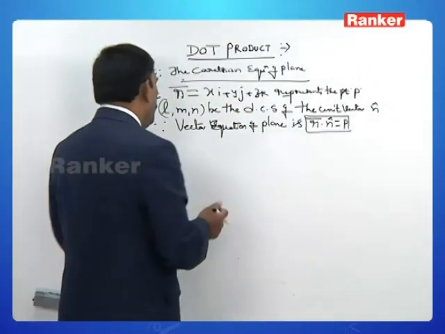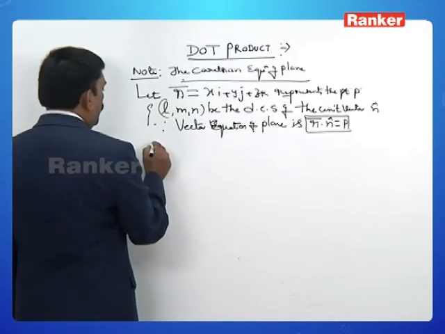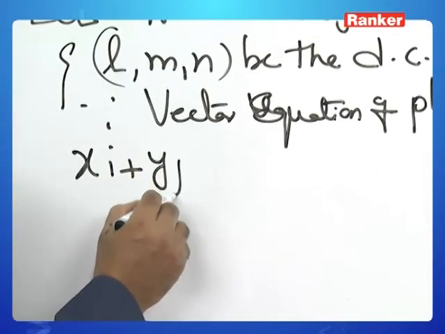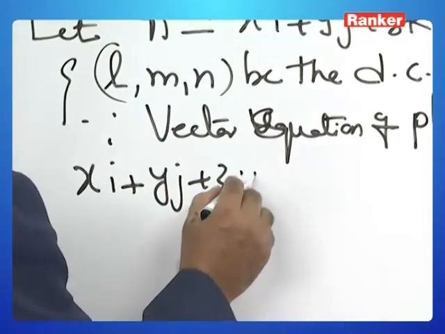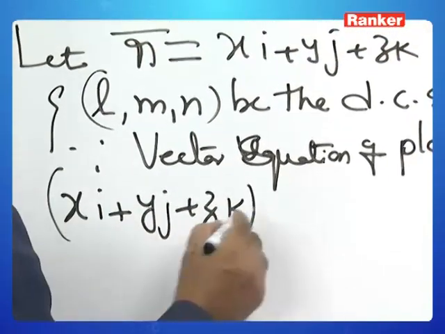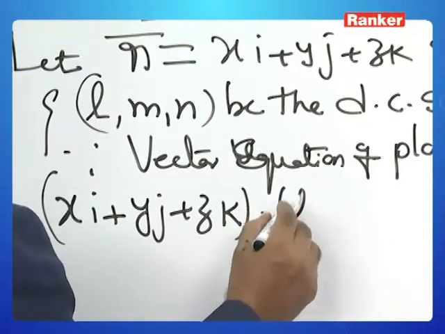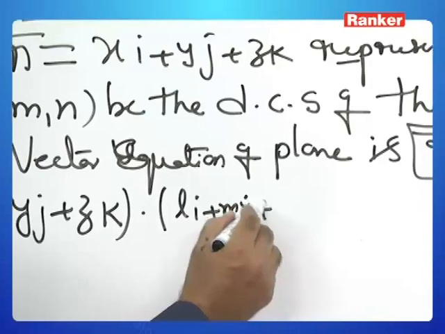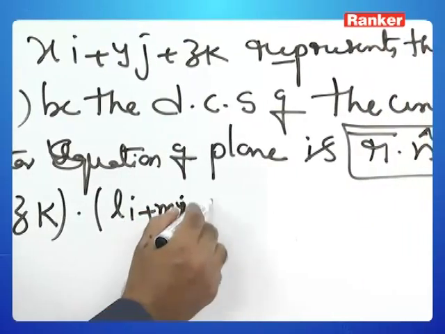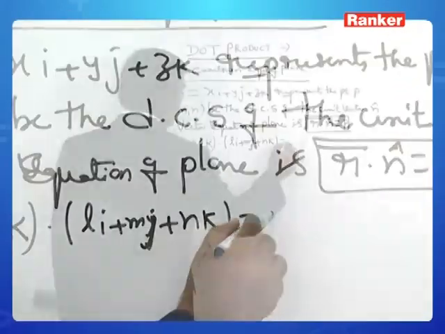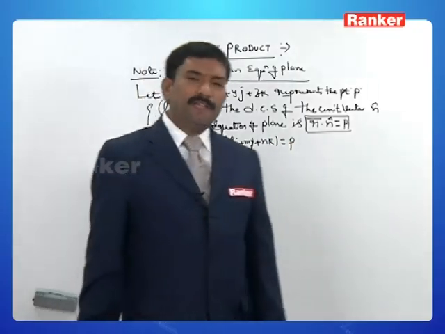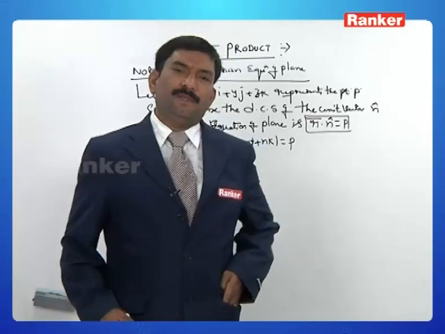So therefore, what I do is, r bar is xi plus yj plus zk dot li plus mj plus nk is equal to p. In place of n cap, I have taken li plus mj plus nk.